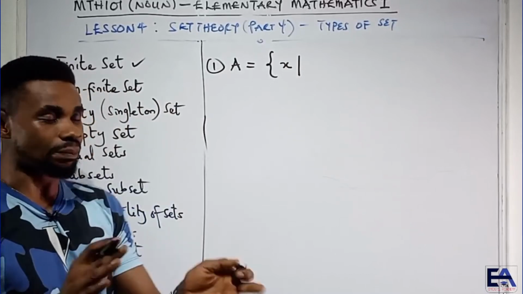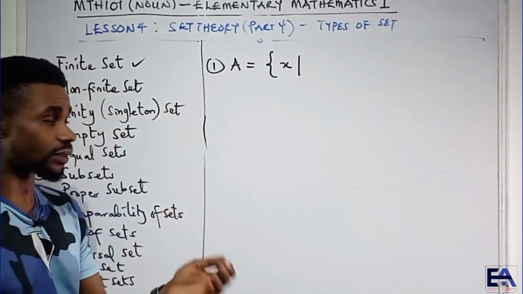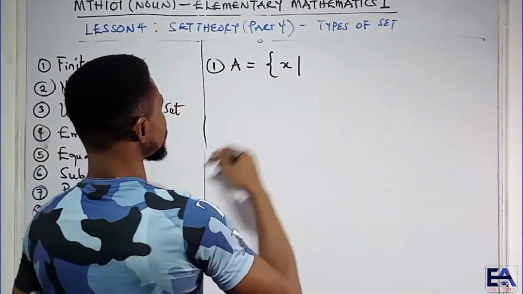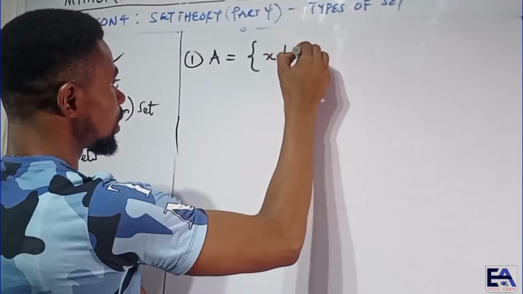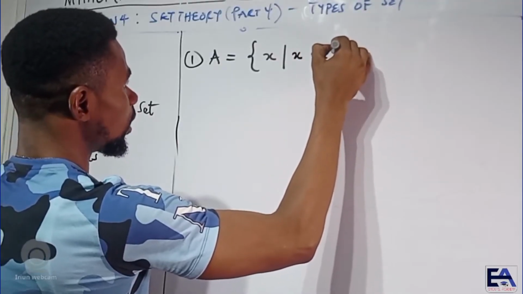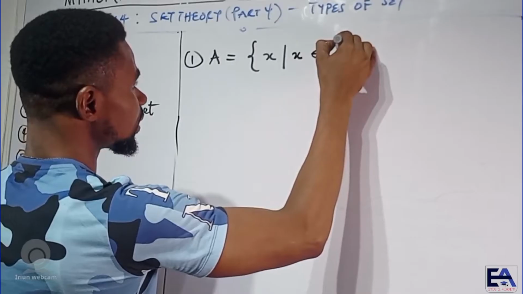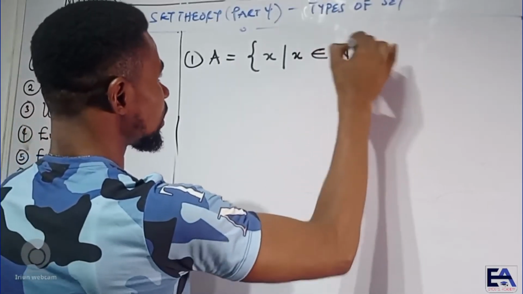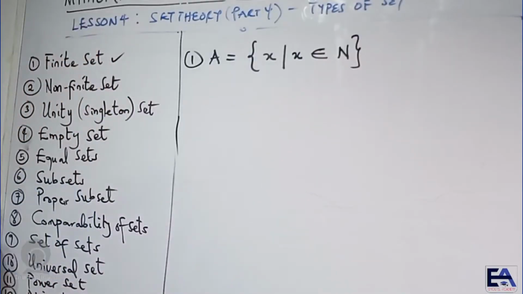It only depends on what is used in the textbook that you're using. So A is a set of X such that X is natural.